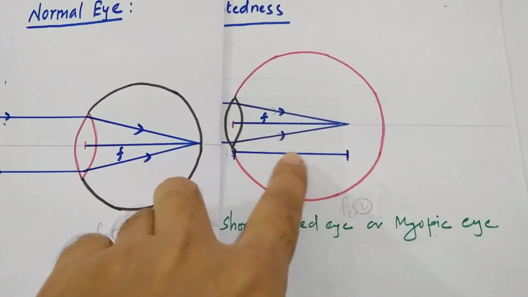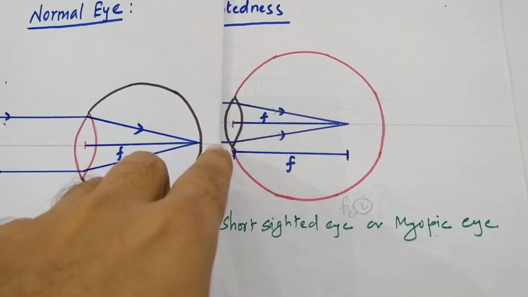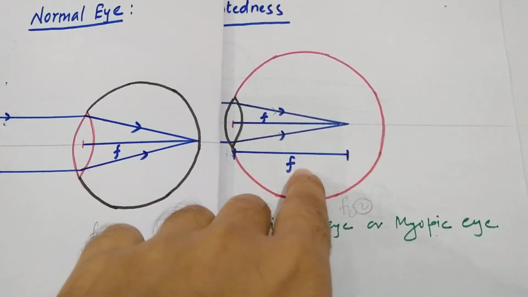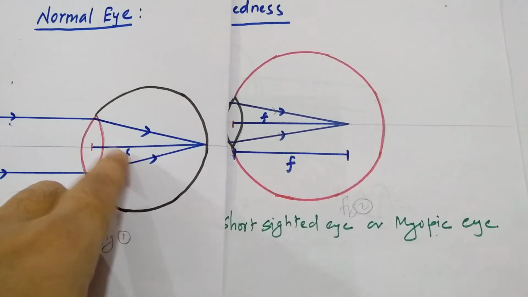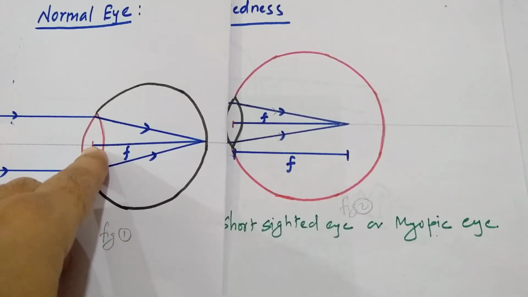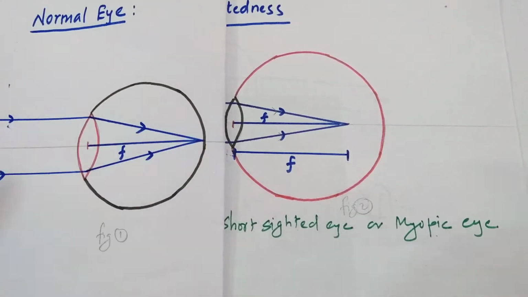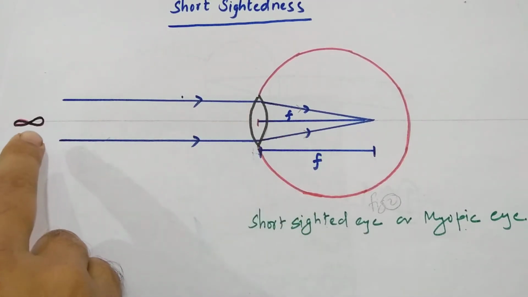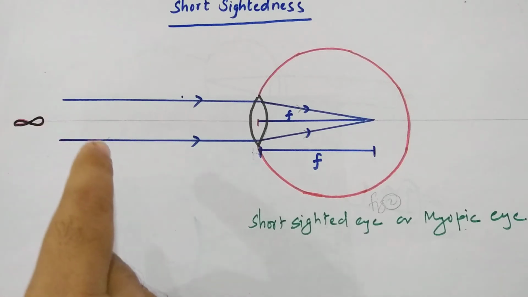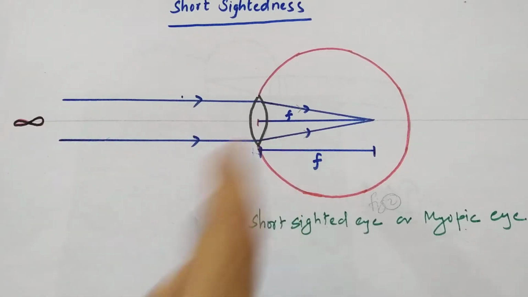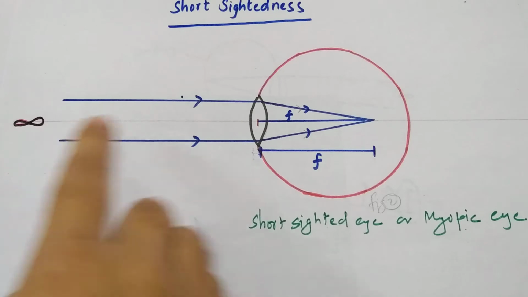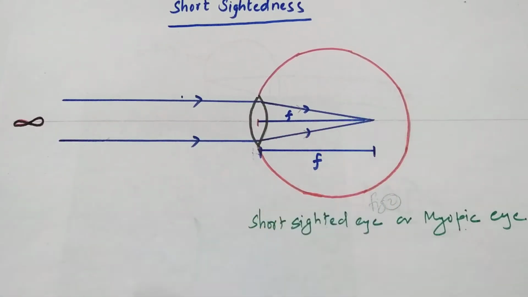Here the focal length, meaning the distance from the optical center to the focus, is decreased. The focal length is from this point to this point. Due to the decrease in the focal length, the object at the far point is blurred for this eye, because the image of this object from infinity is formed in front of the retina.